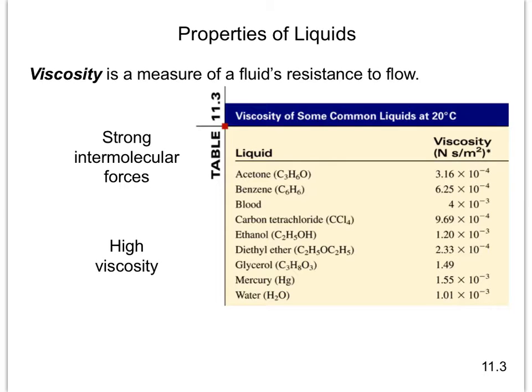Generally speaking, and you guys haven't had as much experience with a lot of these chemicals, but generally speaking, things that have weaker intermolecular forces are going to have like no resistance to flow. Whereas water has a little bit more. You don't think of it as being thick like a syrup, but it kind of is a little bit.